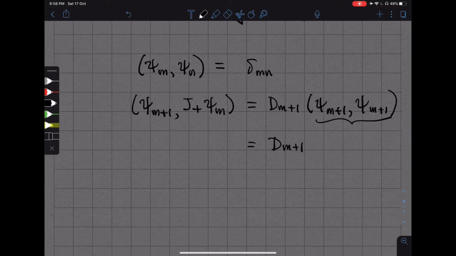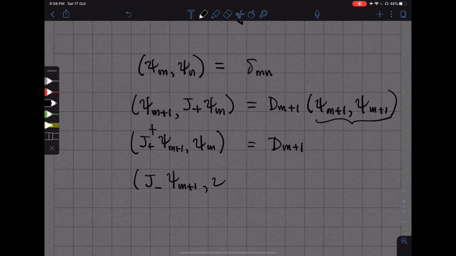But on the left-hand side, we can bring the J plus over here, and then what we'll get is J plus dagger acting on psi m plus 1, inner product with psi of m. But what is J plus dagger? J plus dagger is nothing but J minus acting on psi m plus 1.